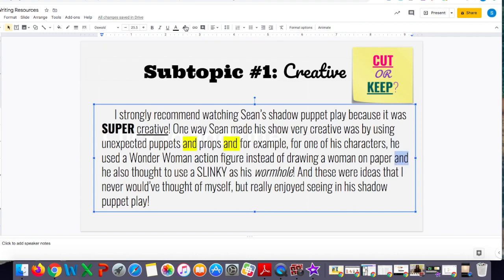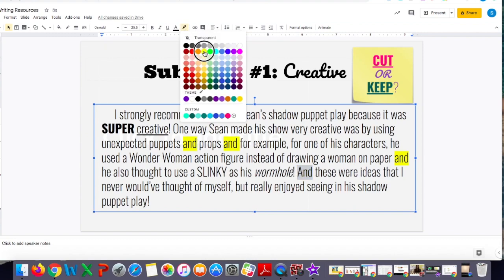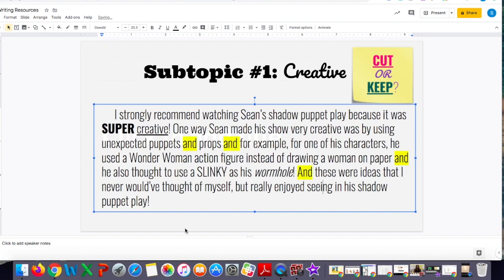And he also thought to use a slinky as his wormhole. And these were ideas that I never would have thought of myself, but really enjoyed seeing in his shadow puppet play.